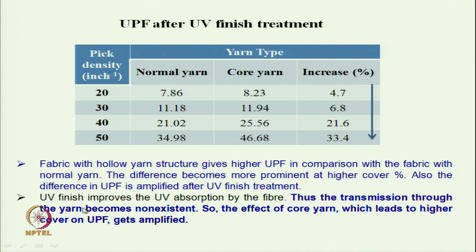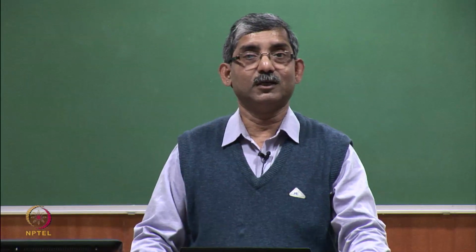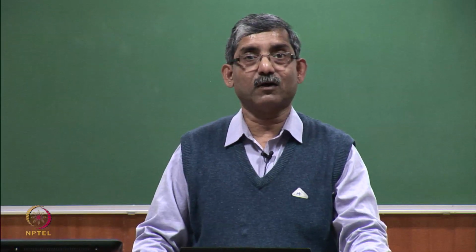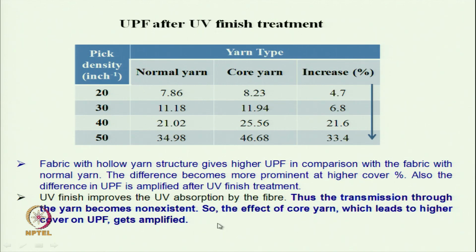The UV finish improves the UV absorption by the fiber itself. Thus, the transmission through the yarn becomes nonexistent, because the fiber also absorbs the UV. So, the effect of core yarn which leads to higher cover factor gets amplified.